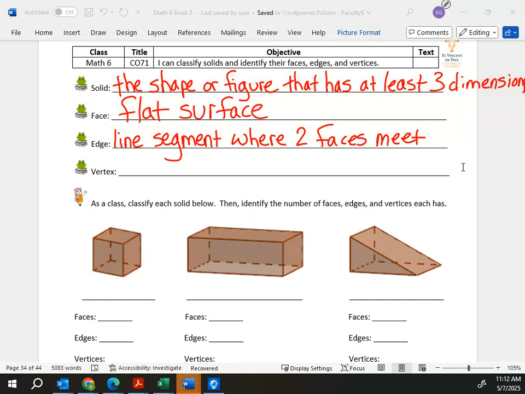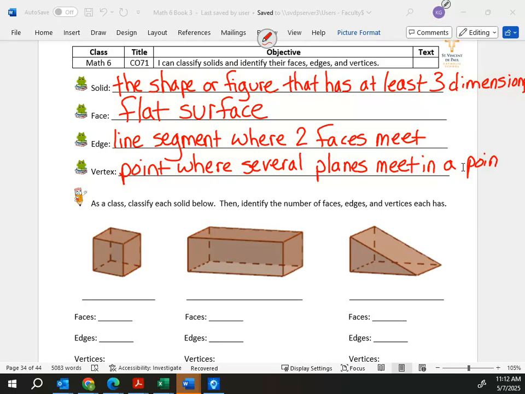Okay. Then a vertex is the point where several planes meet in a point.